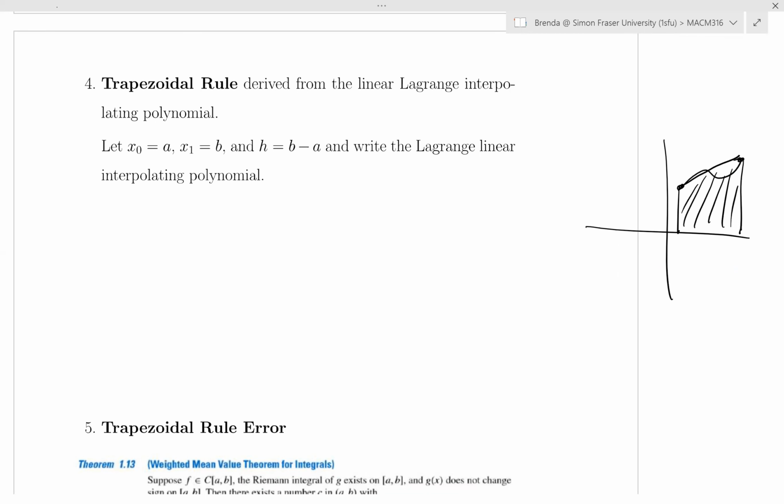Now what we're going to do is start with the Lagrange linear interpolating polynomial. Then we're going to derive the trapezoidal rule, and we're going to do that so we can get a bound on the error. That's where that error formula in the Stewart textbook comes from: the error formula for the trapezoidal rule, for the midpoint rule, for Simpson's rule, and you think to yourself, please let me get that on the formula sheet, or I hope that I don't have to memorize that, right?